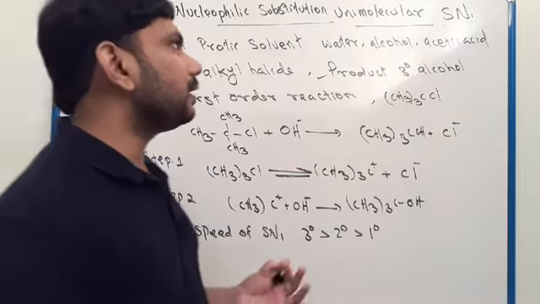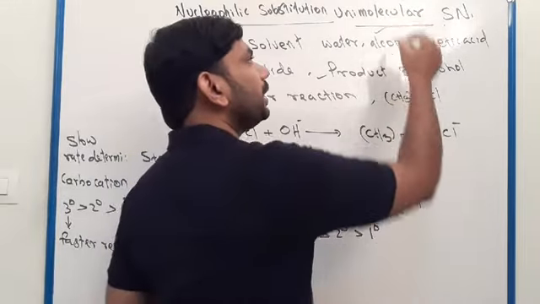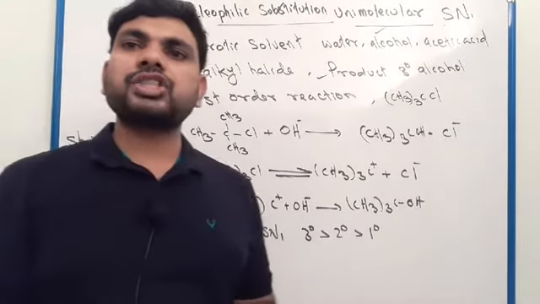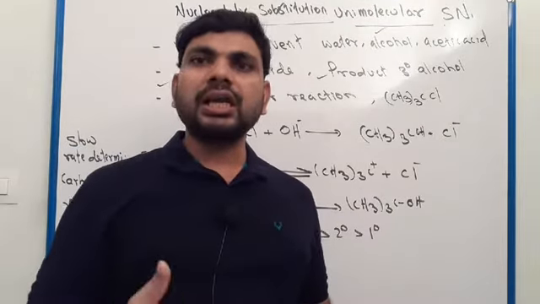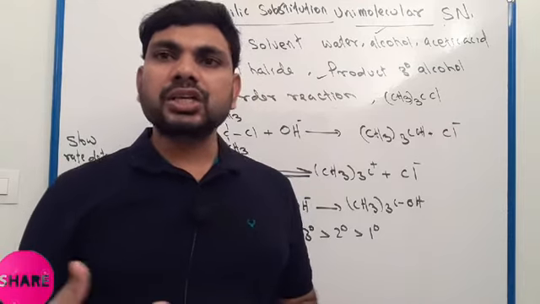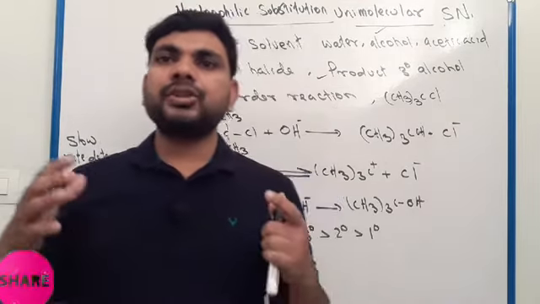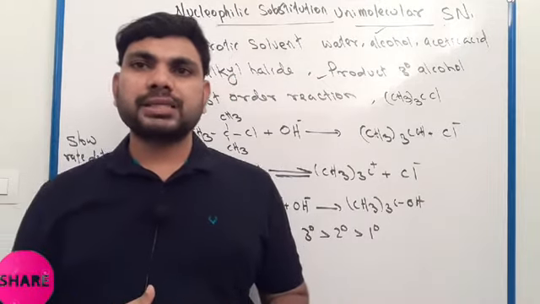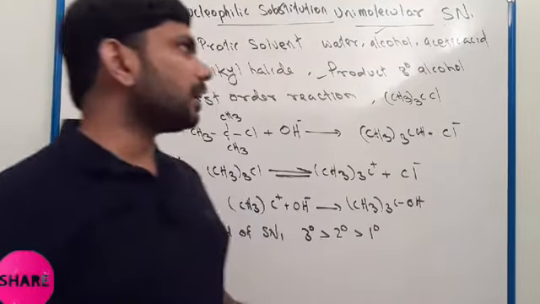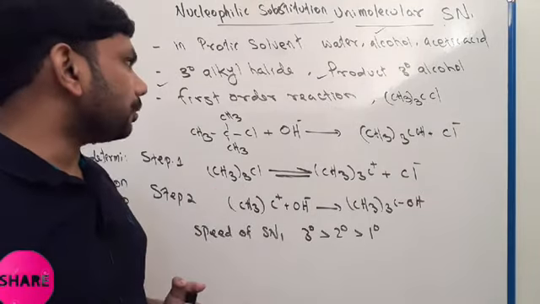Mainly, alcoholic NaOH or alcoholic KOH reacted with tertiary alkyl halide produces tertiary alcohol, and this is the SN1 mechanism.